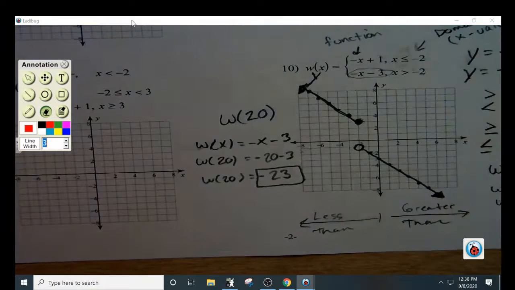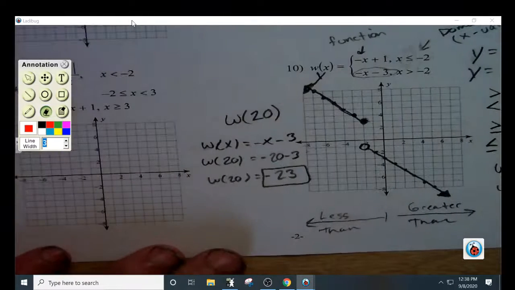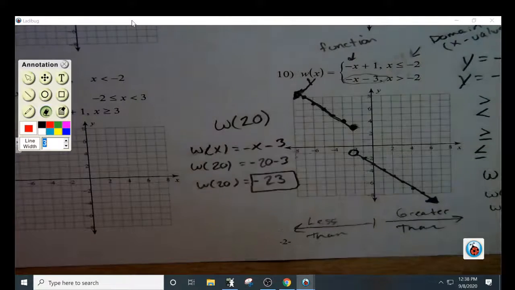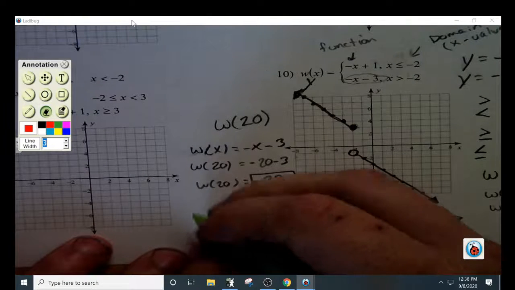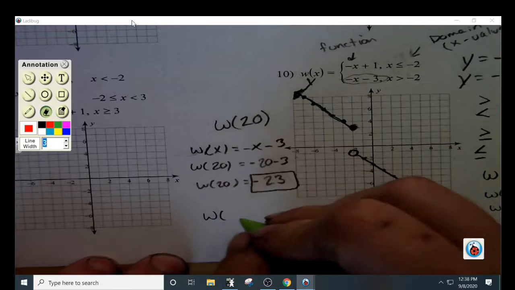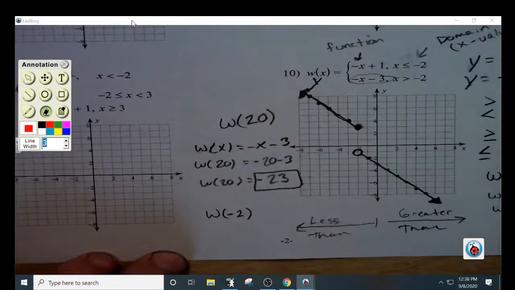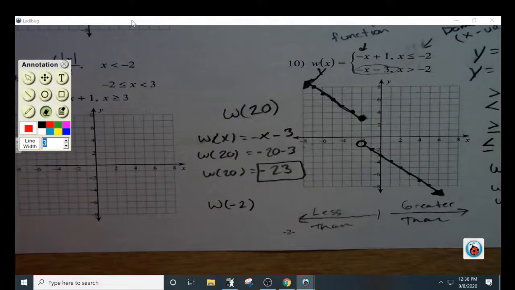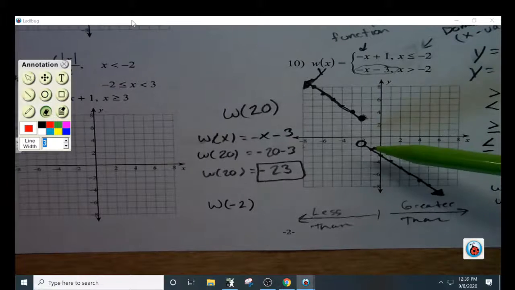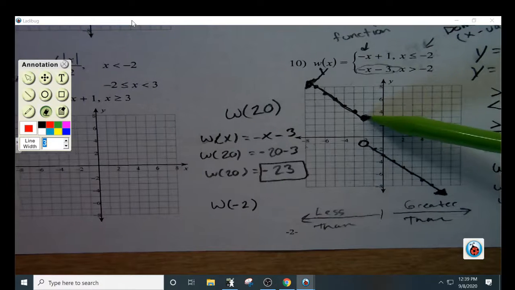Now, I'm going to ask you one more thing, guys, just to drive a point home. What if it asks you W of -2? What do you notice about when x is -2? How many dots do you have? 2 dots, right?